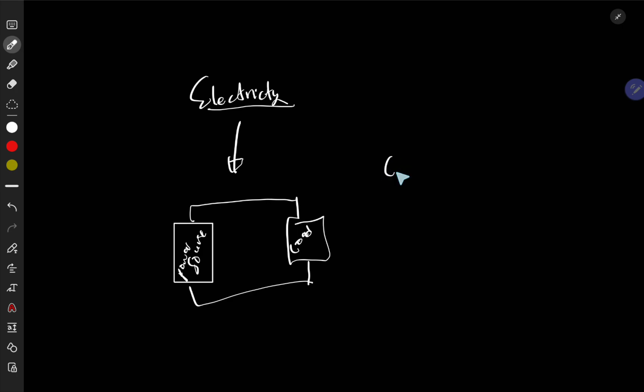Mostly we'll be using something called current. What is current? Current is the rate of flow of charge, by definition, but I'll confirm the proper definition with the study guide.